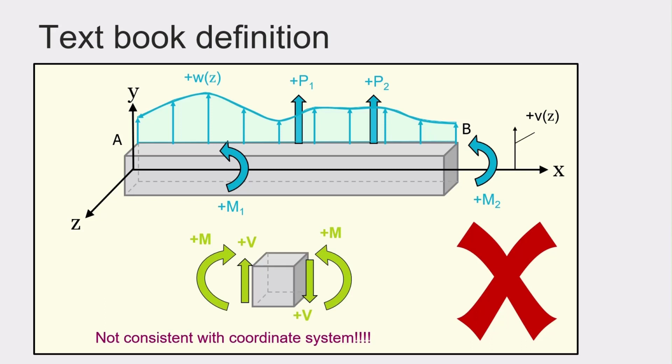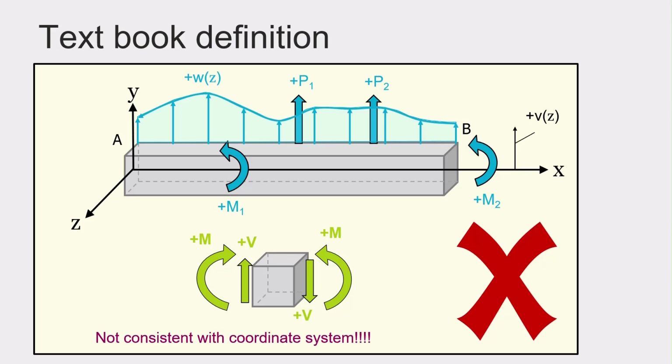However, for the internal loading, they use exactly the same definition as we used as well, while the y-axis is pointing in a different direction. And this is where the problems occur, since this definition of the internal loading system is not compatible with the coordinate system. If we look, for example, at the shear force on the right-hand side of the infinitesimal element, we see that the outward normal is pointing in the positive x direction, and thus we would expect that a positive internal force acts in the direction of the positive y-axis.